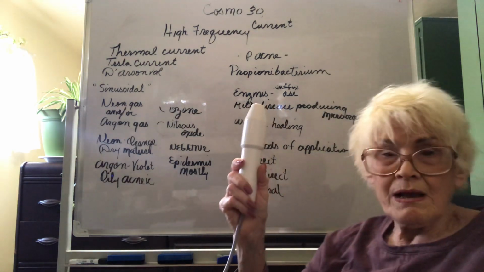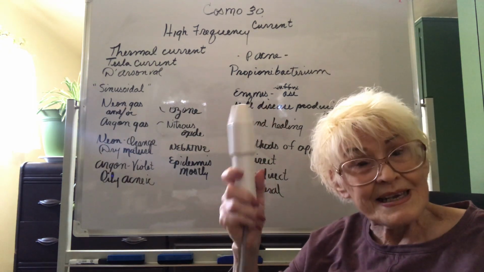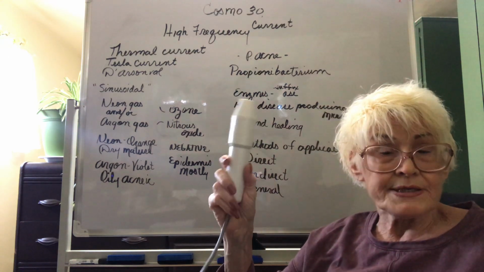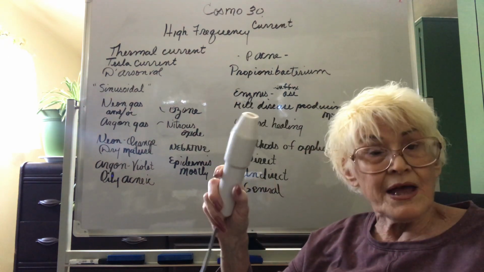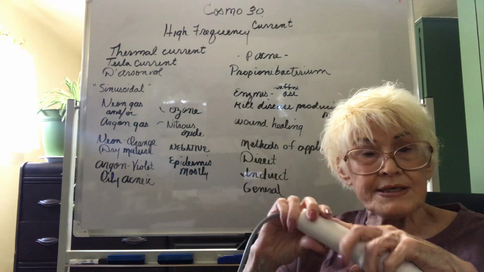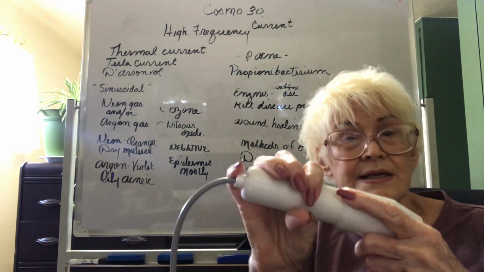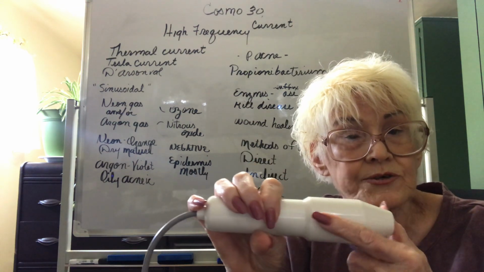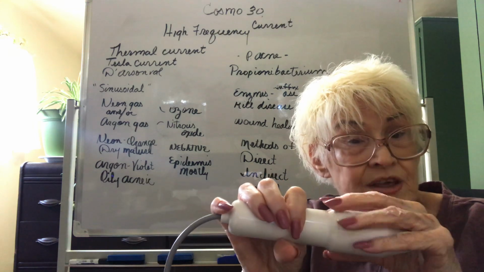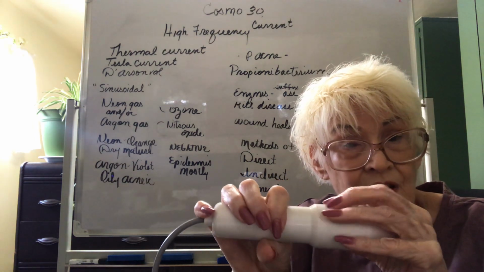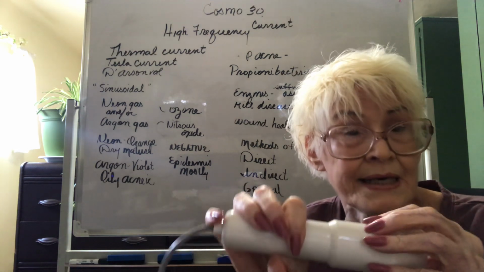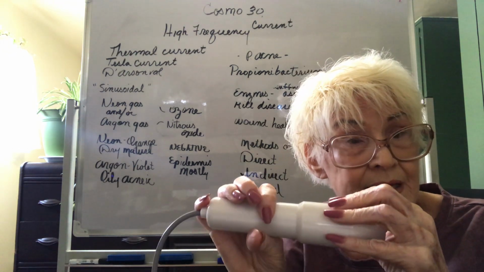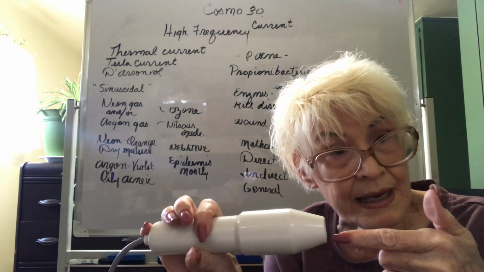Now, as with all appliances, because it's electricity, there are some safety issues that you need to be aware of. This is the handle, and in here is where the electrical unit is. This is what produces the high frequency current, and it's the coils, and they get hot on the inside.